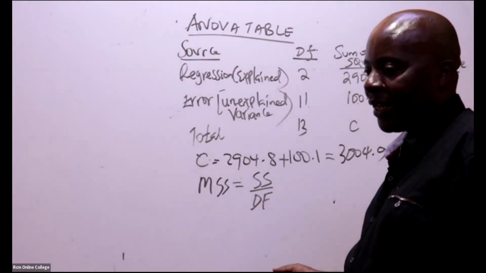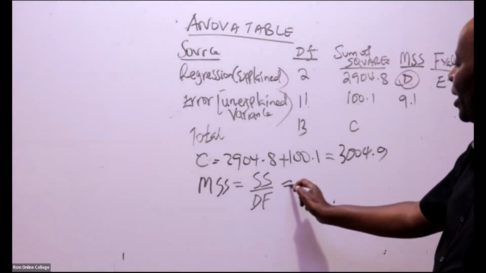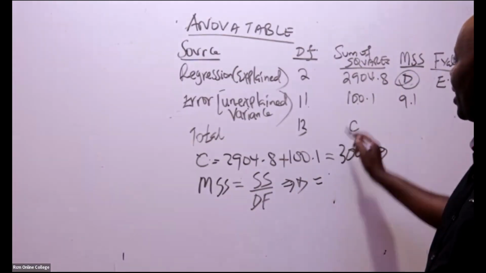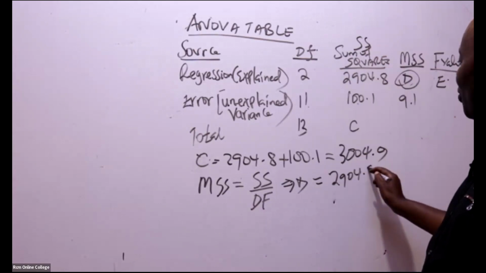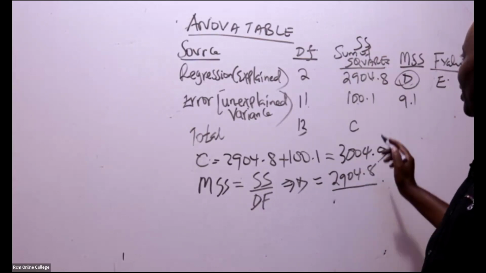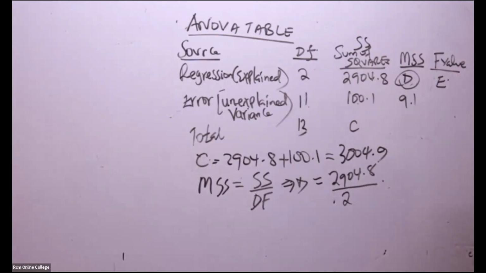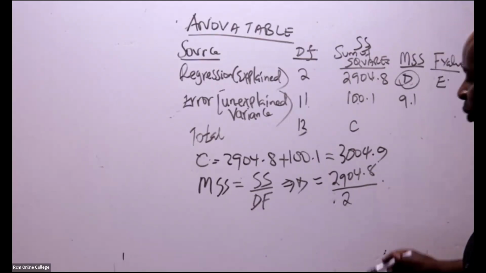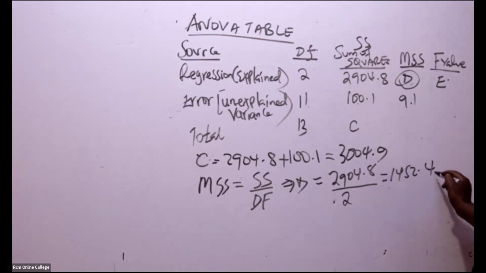So for D, you take 2904.8 and divide it by the corresponding degrees of freedom, which are 2. Already somebody has an answer. They are telling me it is 1452.4.